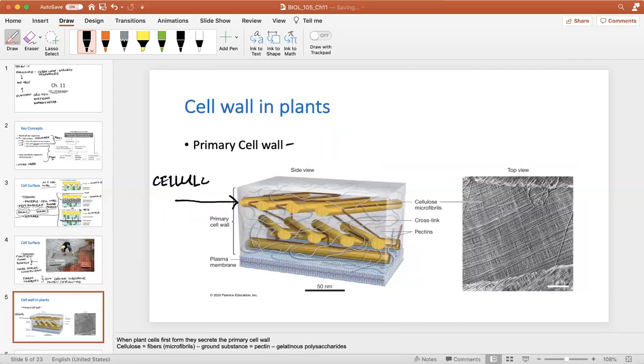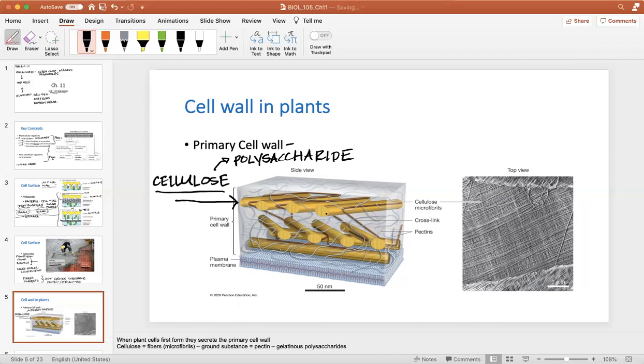And if you remember from our carbohydrate lecture, this is a polysaccharide. It is a sugar, highly branched. Okay, we can't digest it. We cannot digest cellulose.